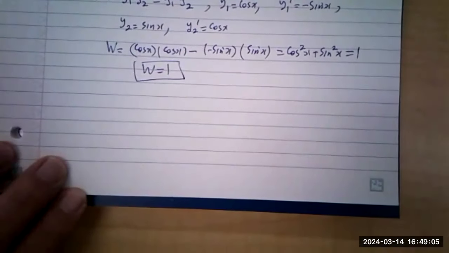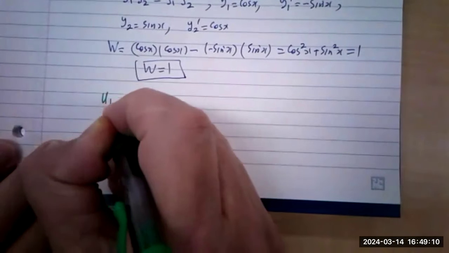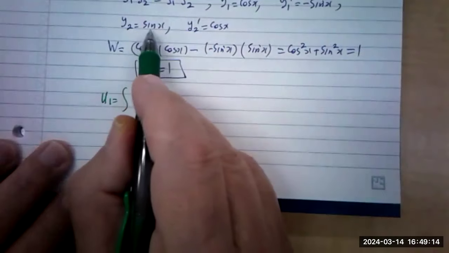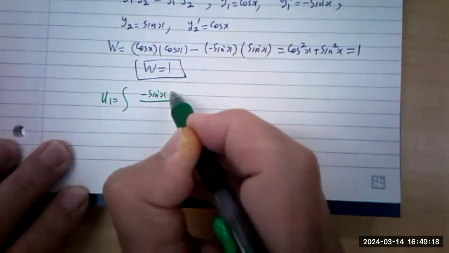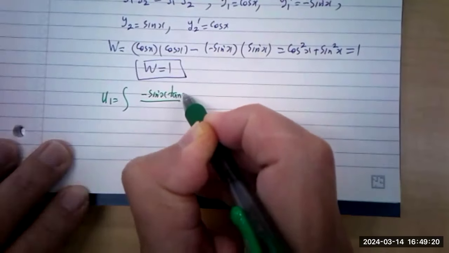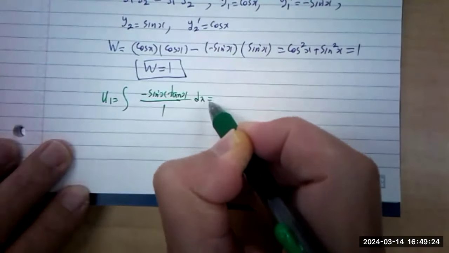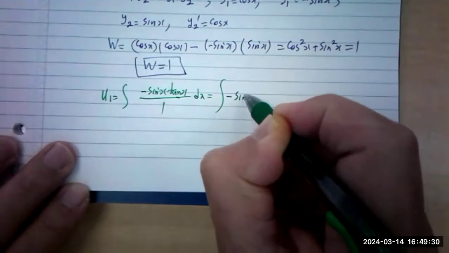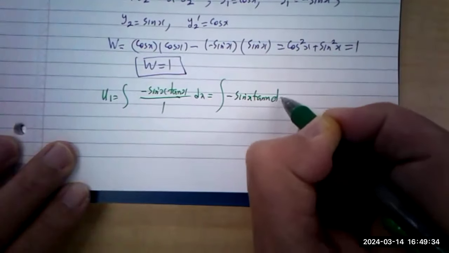Now we are ready. Going back and getting the U1 first. So U1 is the integral of negative Y2. Y2 is sine, so negative sine x, times the R, which is tangent of x, divided by the Wronskian, which is 1. That's it. So we get negative sine x tan x dx.